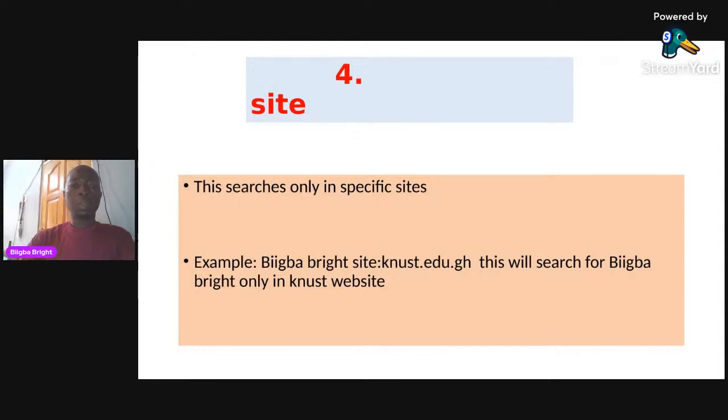So you say site, colon, and then you indicate in which particular site you are searching for Bigba Bright. This is very significant. So I'm looking for Bigba Bright, site colon knust.edu.gh. That's the website in which I am looking. So Google will only look at the website of KNUST and pick out any information that has Bigba Bright in it.